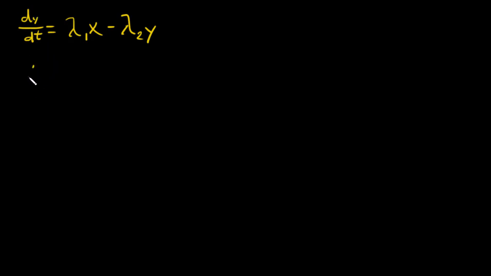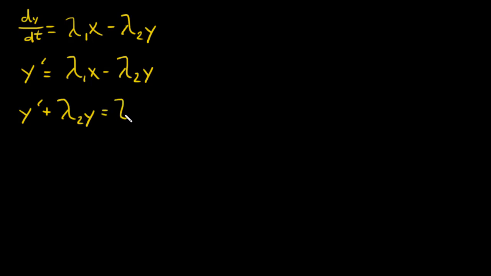So I'm going to change this into y prime is equal to lambda 1 x minus lambda 2 y. Okay, I'm now going to move this y over to the left side. So I'm going to get y prime plus lambda 2 y equals lambda 1 x.